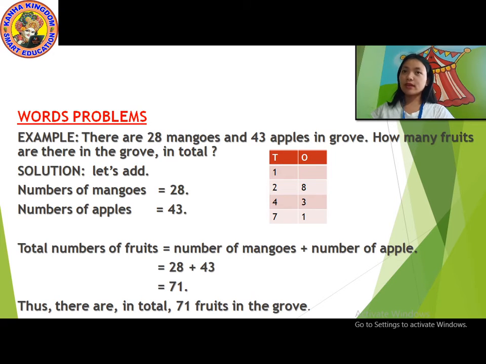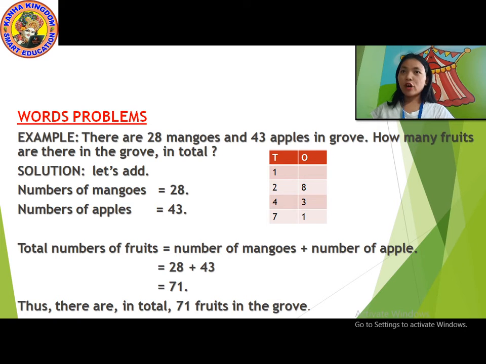So we understand the question, right? There are 28 mangoes and 43 apples in a group. We understand this, right student? So the question is, how many fruits are there in the group in total?